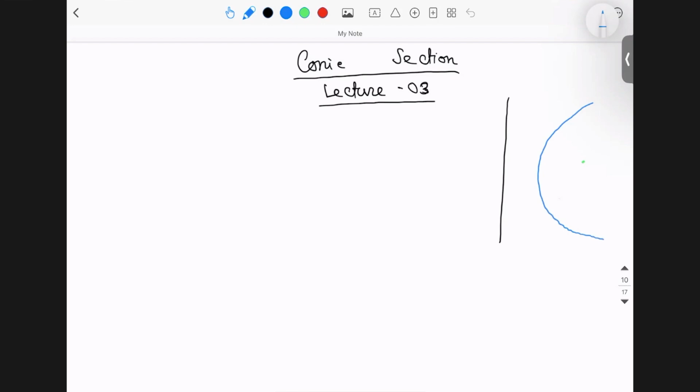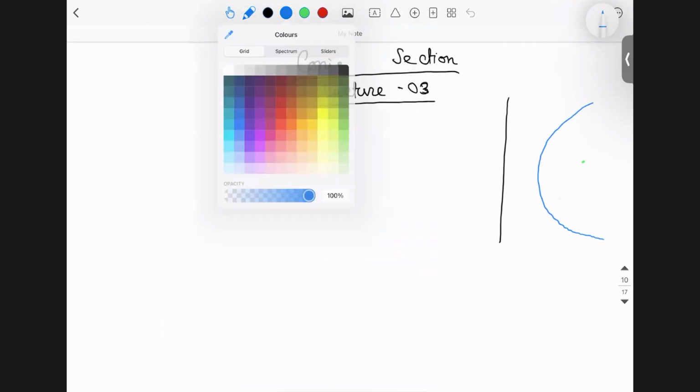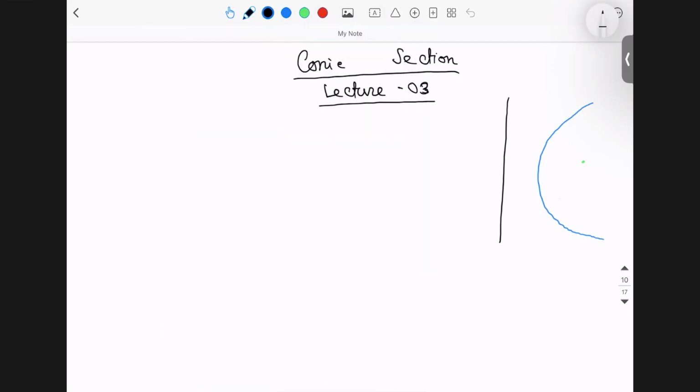Due to this equidistant criterion, we can clearly see that if I draw this joining line, then this red point will be the midpoint of this line.